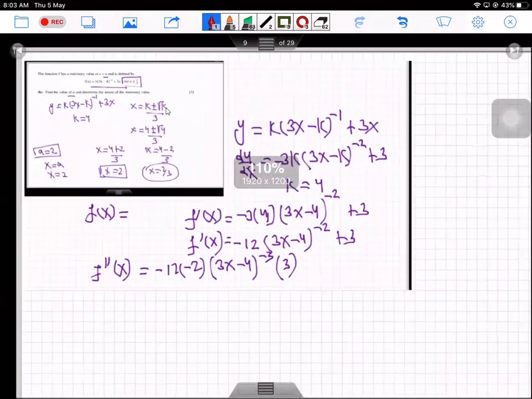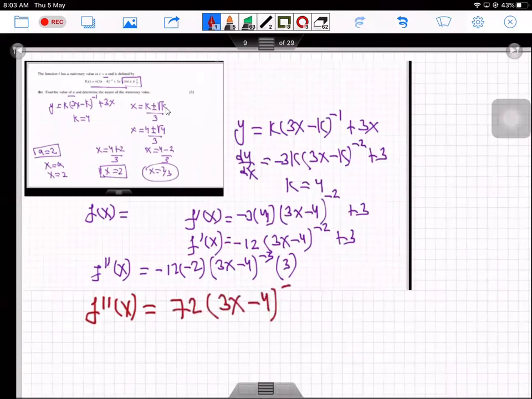Minus 12 multiplied by minus 2 multiplied by 3 is 24 multiplied by 3, which is 72. So 72 multiplied by (3x minus 4) to the power minus 3, which is 72 divided by (3x minus 4) whole cube.